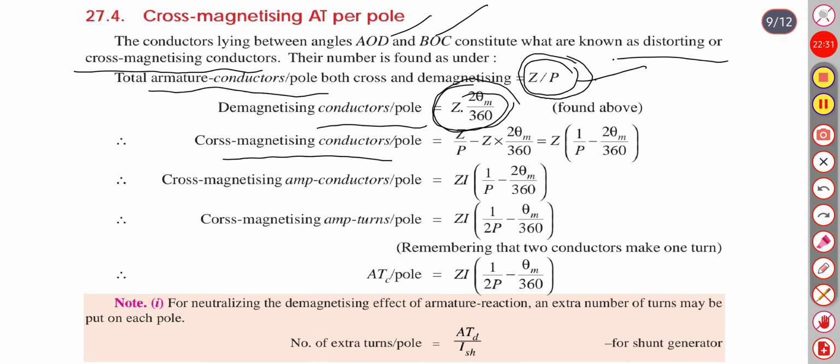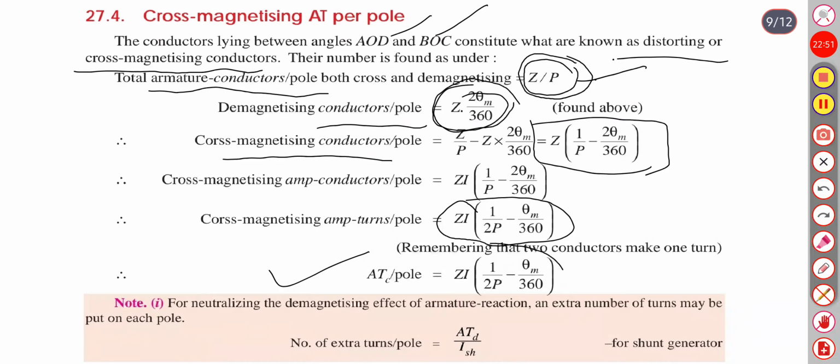So we will get Z times the bracket 1 upon P minus 2 theta m upon 360. To find the ampere turns per pole, we multiply this by current I. So the ampere turns per pole for cross magnetizing will be this much.